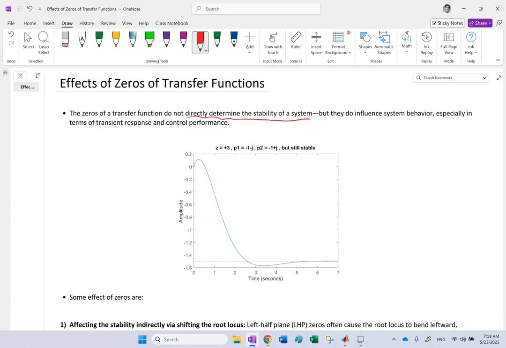Here I have a system with the poles at -1 plus minus j, but the zero is at +3, so it's on the right side. And here you can see the step response of the system still converging to some steady state value. It's not growing, and the system shows stable behavior, although the zero is on the right hand side.